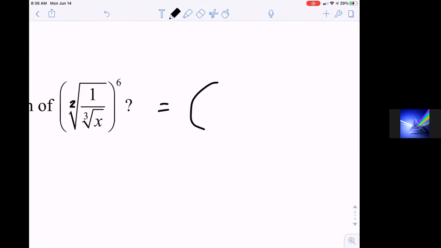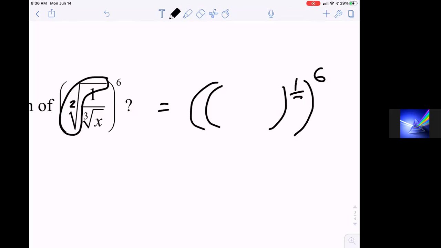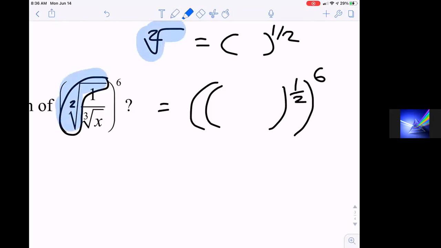First, I have the big 6th power, everything to the 6th power, right? Then I've got this big, huge square root, which would be, again, everything to the 1/2 power. Because remember, a square root is something raised to the 1/2 power. So all I did was turn this into this.